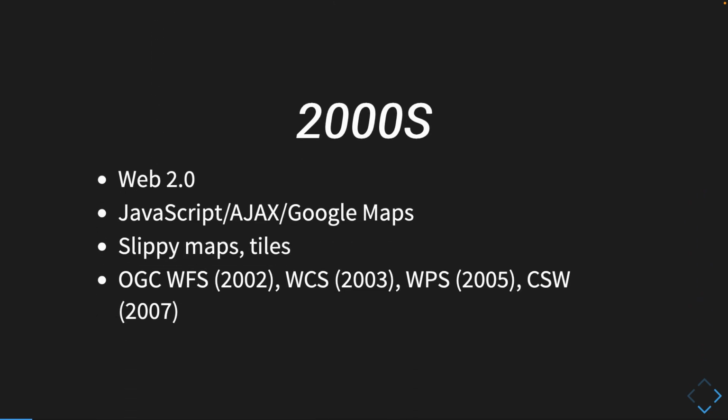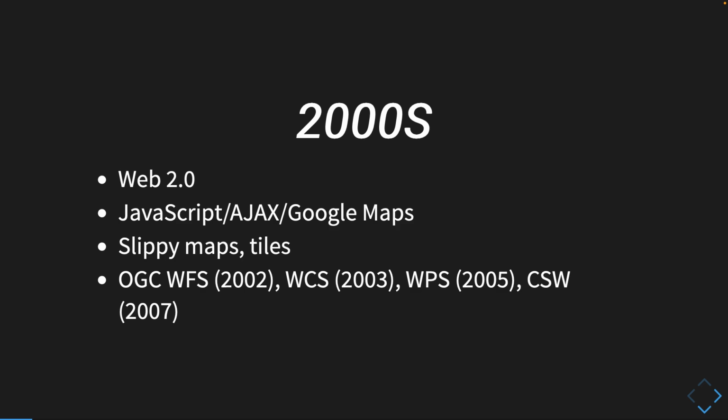In the 2000s, we started to move forward with concepts such as Web 2.0 and Ajax, and getting a little bit more JavaScript involved. Google Maps in 2005 made their slippy maps and tiles available, and they also had Google Earth for that matter. In the OGC, we continued with a number of additional specifications for not just maps or WMS, but WFS, which is Web Feature Service, WCS, which is Web Coverage Service, WPS, which is Web Processing Service, CSW, Catalog Service for the Web, for metadata.